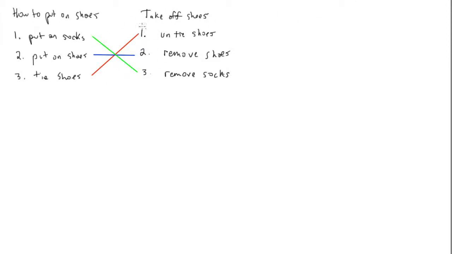So the order of the operations has been reversed, and in addition to that, each of the operations has individually been reversed. Tying shoes, the opposite of that is untying shoes. When did you tie the shoes? At the end. So when do you untie the shoes? At the beginning. So we've sort of doubly negated each step, if that makes sense.